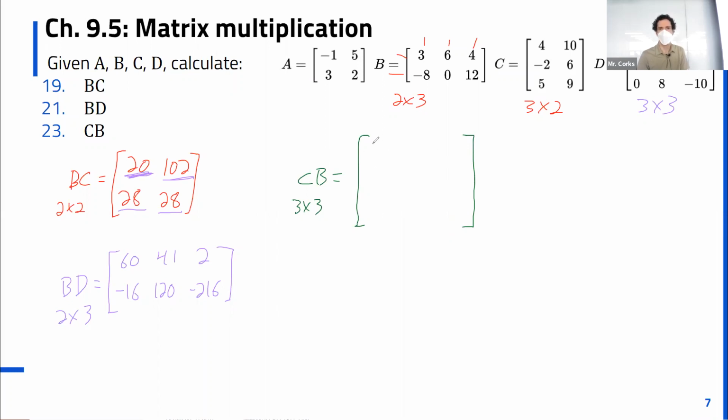Okay, negative 68, 24, 136, negative 54, negative 12, 64, negative 57, 30, 128.